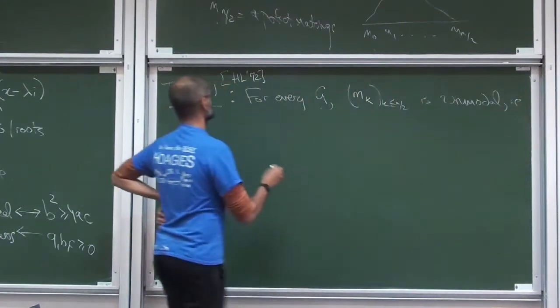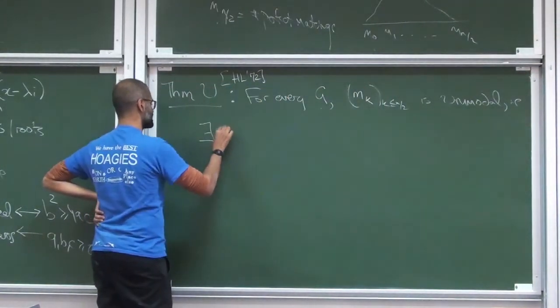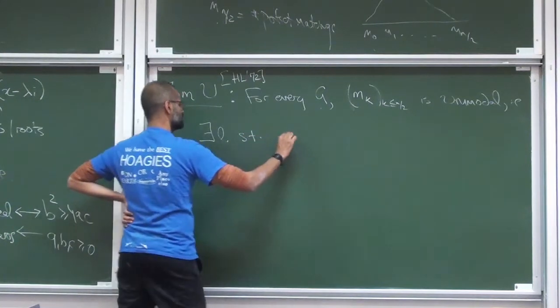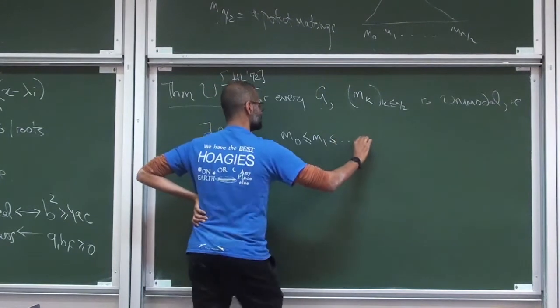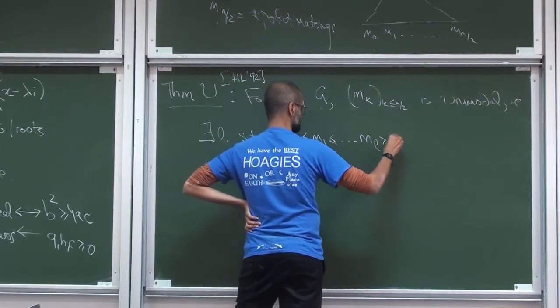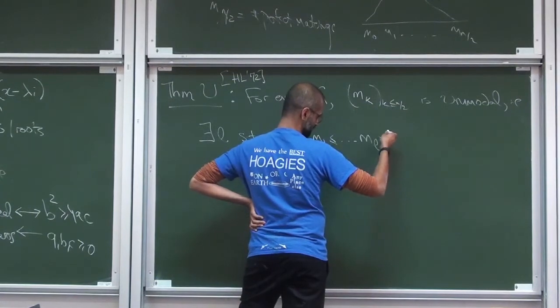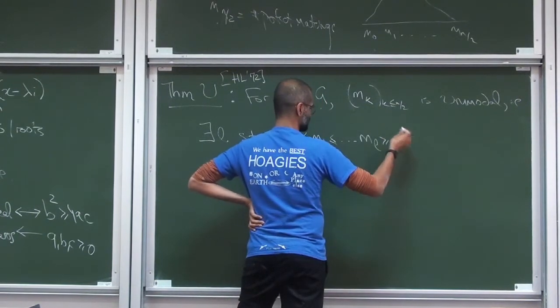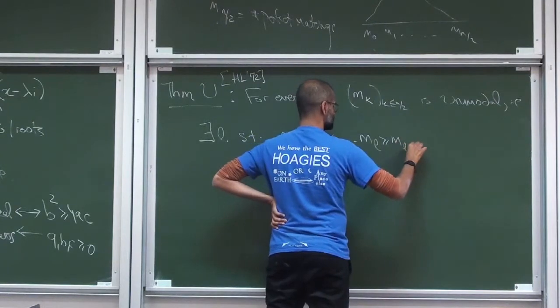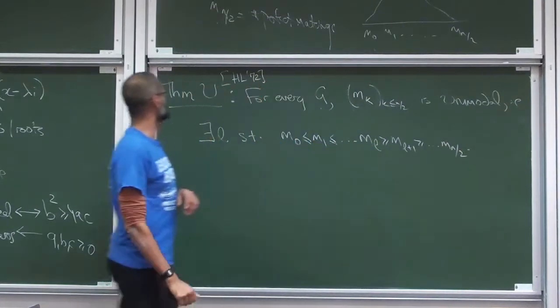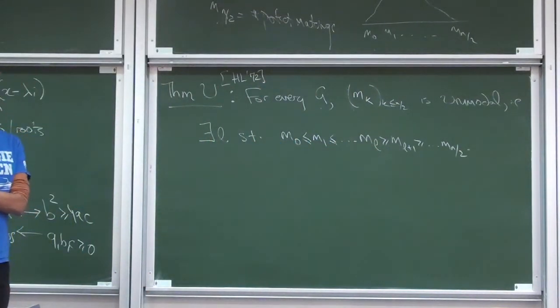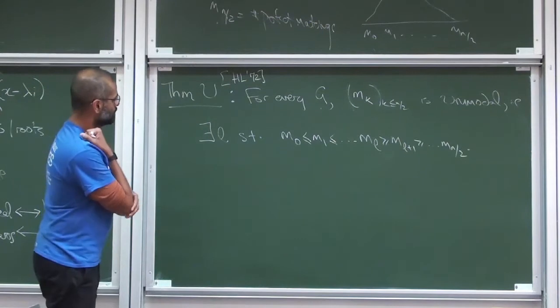What that means is that there exists some index L such that these numbers are first increasing up to L, and then they're non-increasing. So this is U for unimodal, and this is the first theorem I'm going to prove. Are there any questions about the statement of the theorem? Okay.